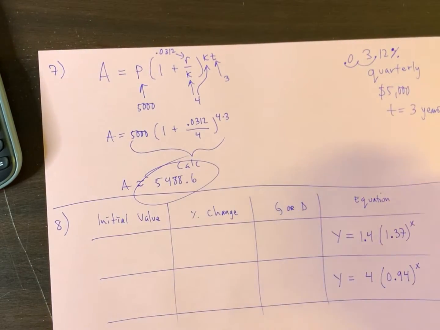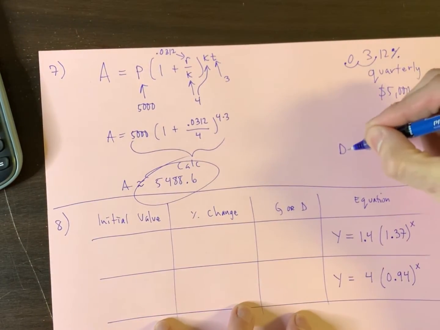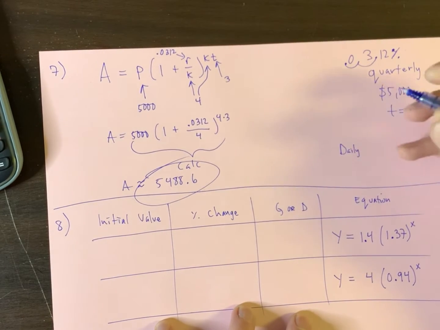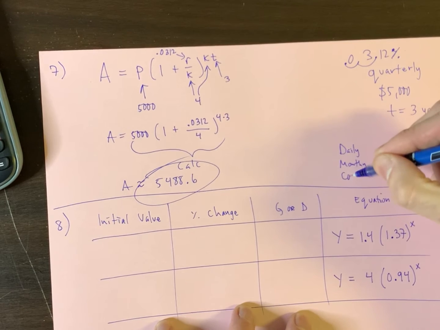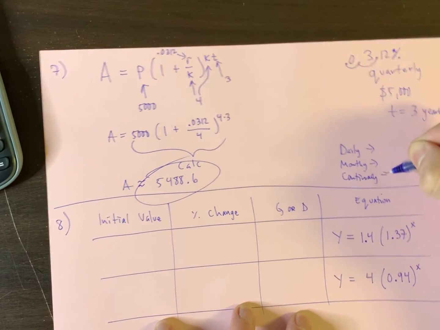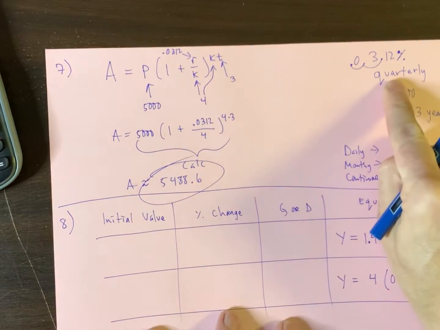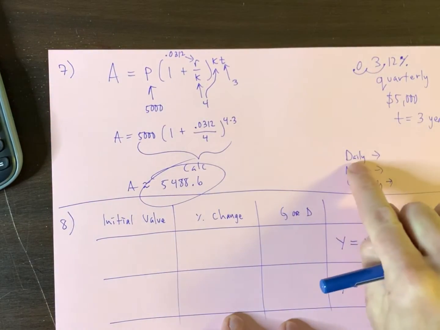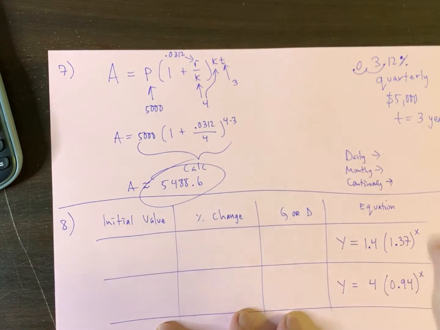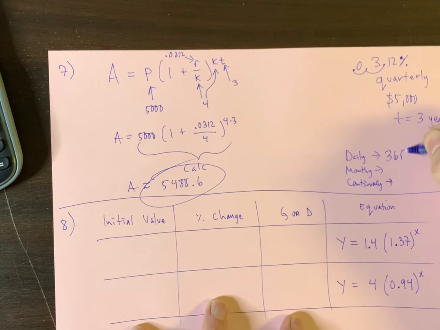Now let me say this. In the next row, they said the word daily, and then they say monthly, and then they say continuously. Let me just throw this at you before we move on. Because they said quarterly for our problem, K was 4. If something happens daily, how many times does it happen per year? 365.